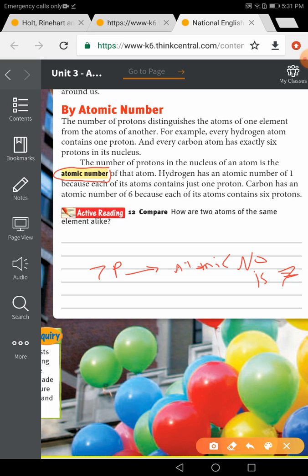Okay, it's very simple. If we have 9 protons, it means the atomic number is 9, and so on. So the atomic number represents the number of protons in an atom. Is it clear? Okay.